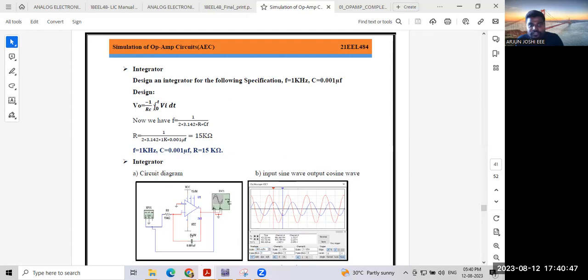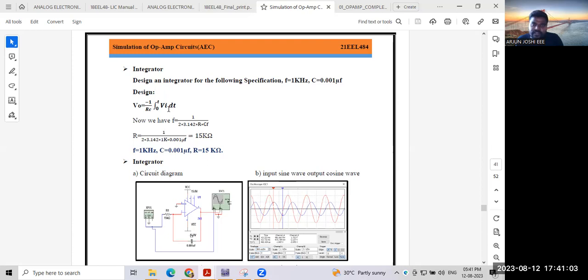Okay, we know the equation V naught is equal to -1 divided by RC, integration from 0 to T, Vi dt. To find this equation, we need to apply some mathematical formulas.